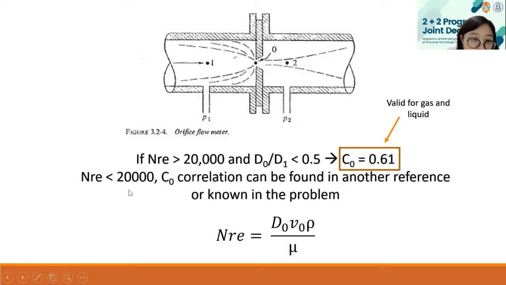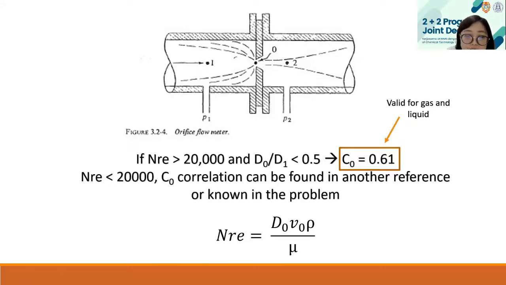However, if the NRE is less than 20,000, with another value of DO to D1, the CO value can be found in another reference or will be known in the problem.